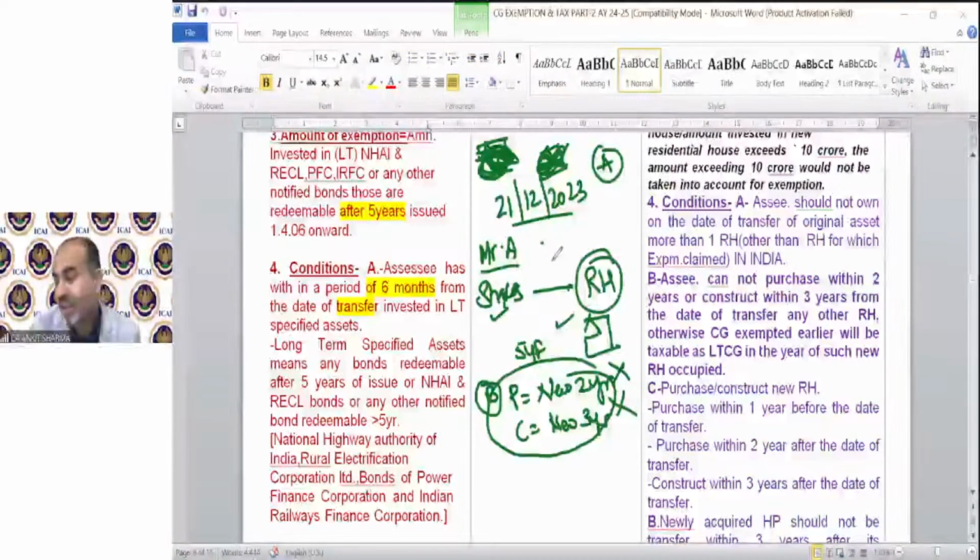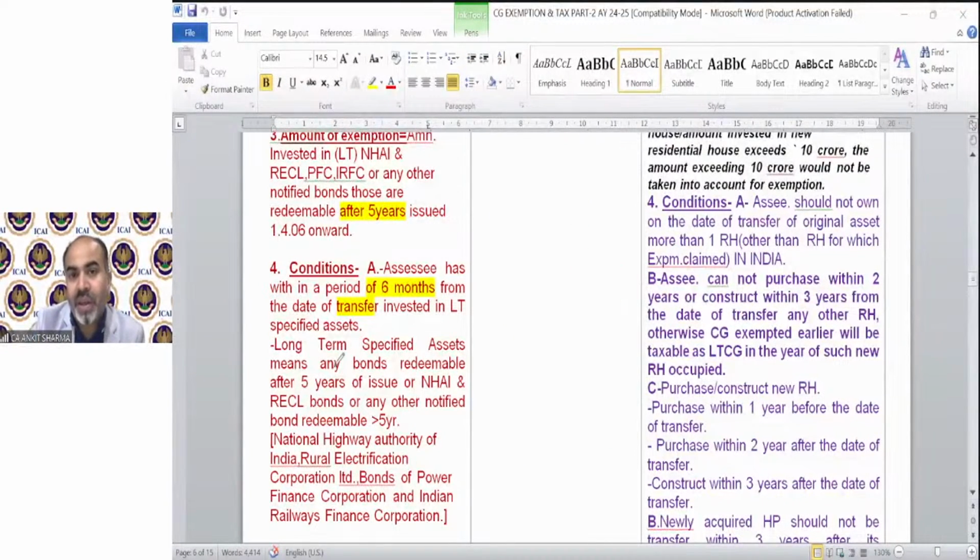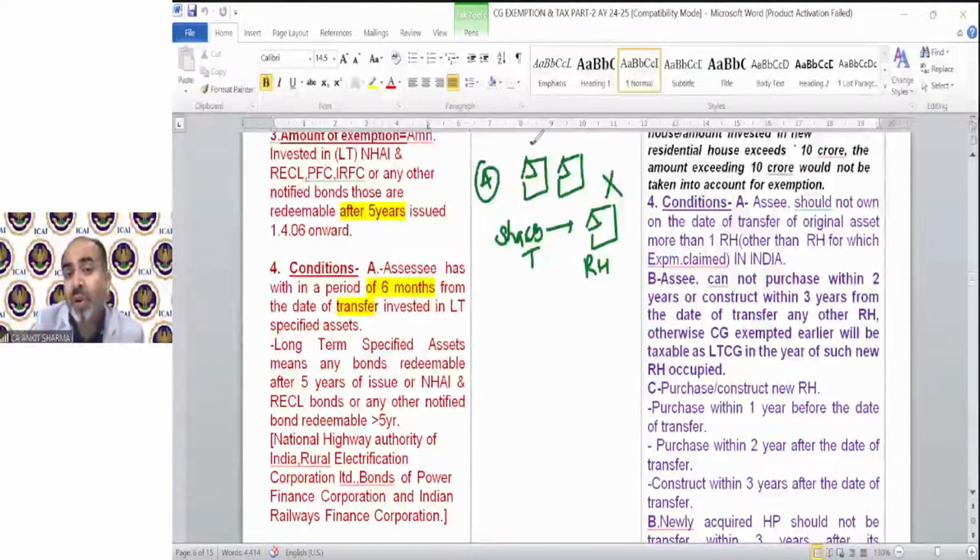So, conditions A and B. A says when you cannot claim exemption: if you already have 2 residential houses and now you want to transfer your shares and purchase a new residential house, then you cannot claim the exemption, because you already have 2 residential houses. That can be maximum 1.